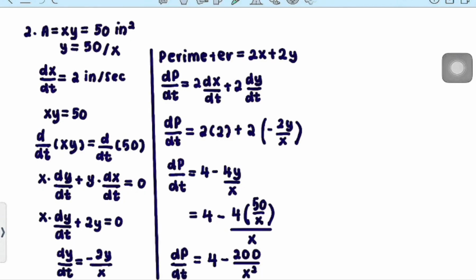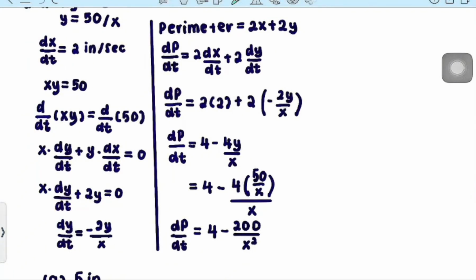From this, we can express y in terms of x. We are also told that x is increasing at a rate of 2 inches per second, so dx over dt equal to 2 inches per second.